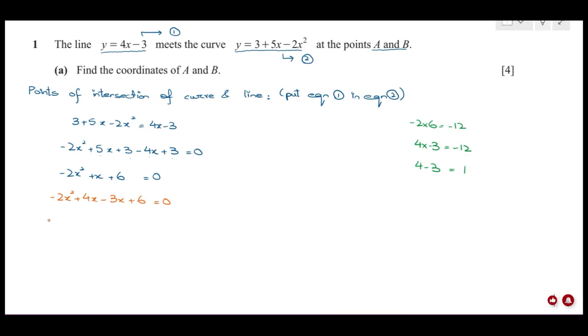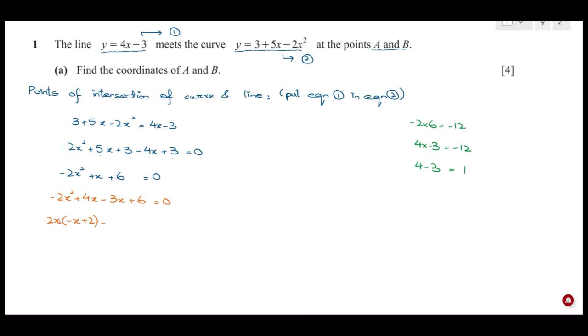Now we can say taking 2 common and x common. So here we have minus x plus 2, because 2 is already common, x is common, just minus x is left. If you would like to take minus 2x common, it's okay, it's fine. You can take minus 2x common or just 2x common. 2 times 2 is 4.